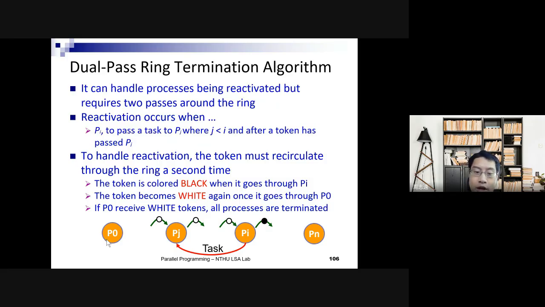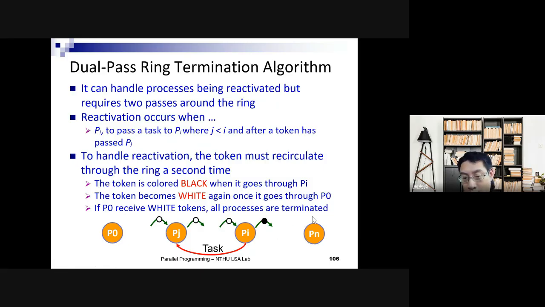By the way, if you wonder why we don't invalidate the token for a forward message, it is because, for example, if Pi hasn't received the token yet, whether he sends a forward message or not becomes irrelevant.